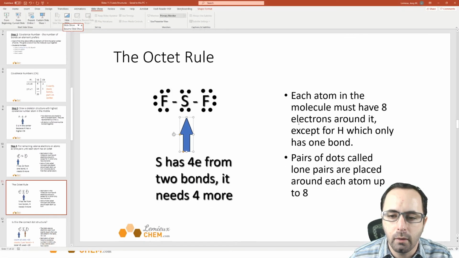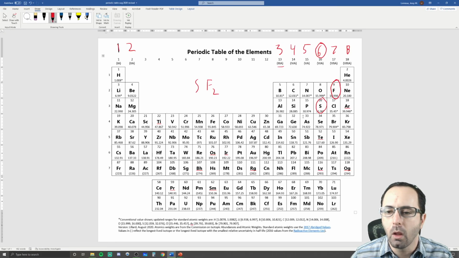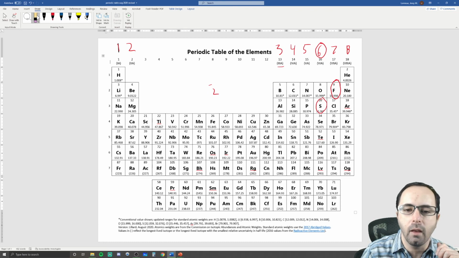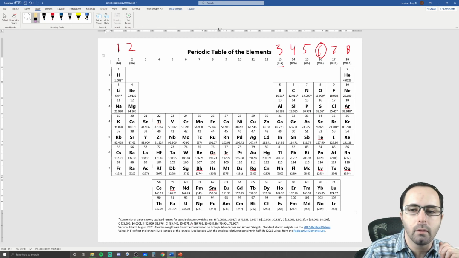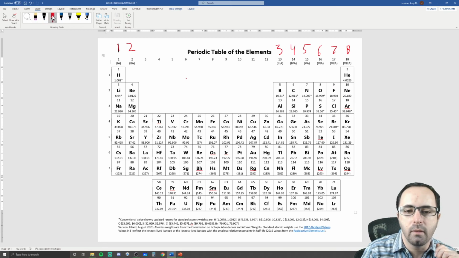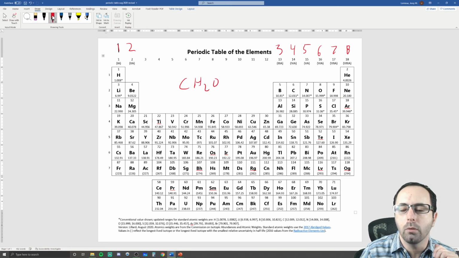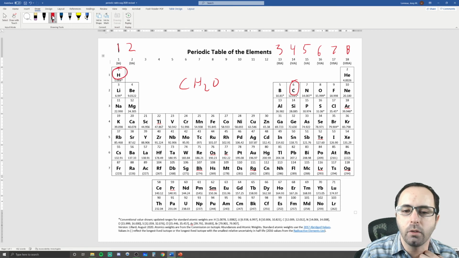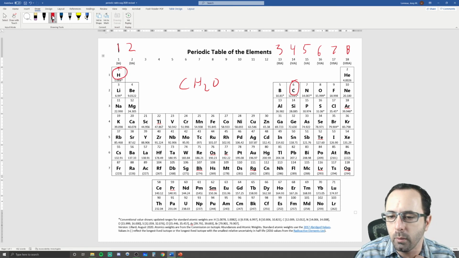We don't have sulfur and fluorine this time. What we're doing this time is CH2O. So we've got a carbon, we've got two hydrogens, and we've got an oxygen.